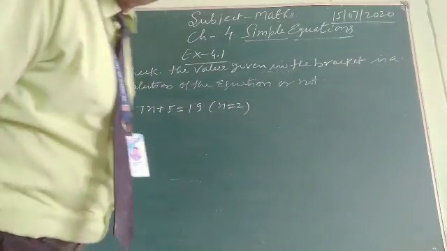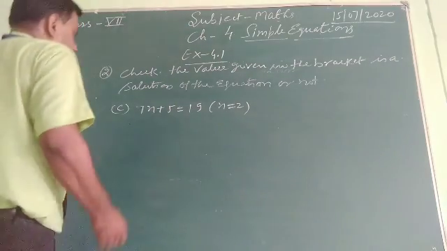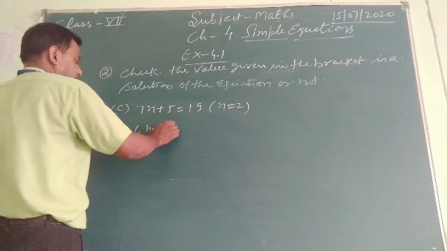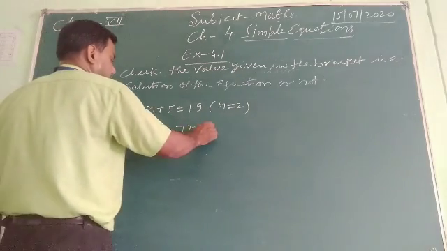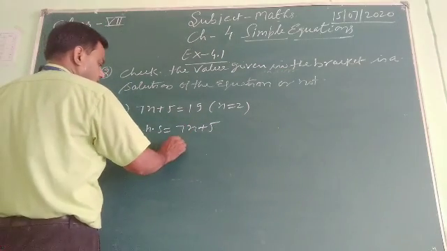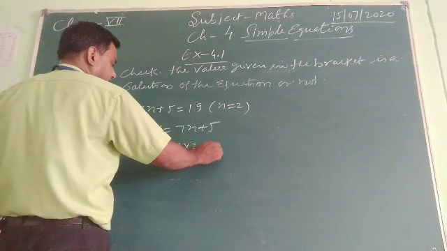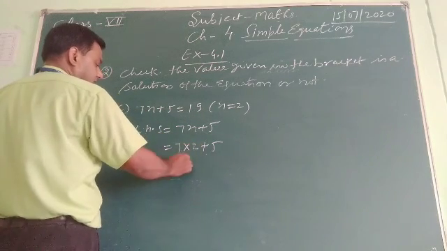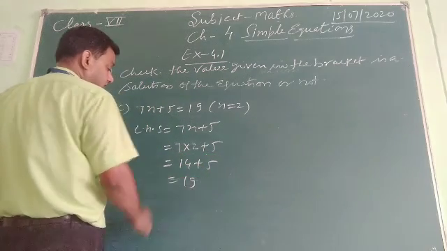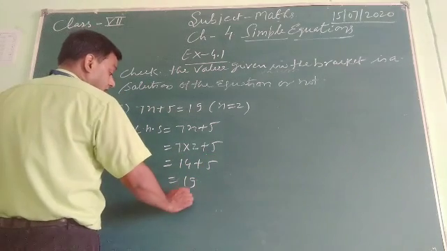Now we will take the LHS, 7n plus 5. Put the value of n equal to 2. 7 multiply 2 plus 5. 7 twos are 14, 14 plus 5 equal to 19. It is equal to RHS.